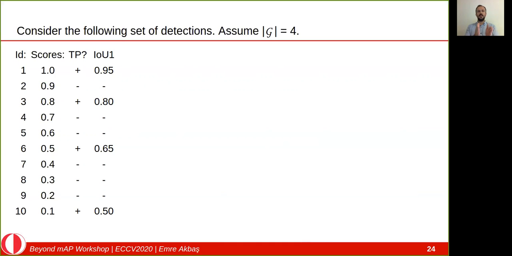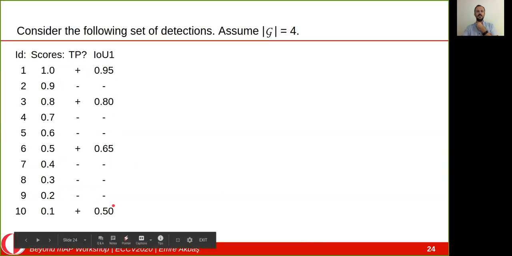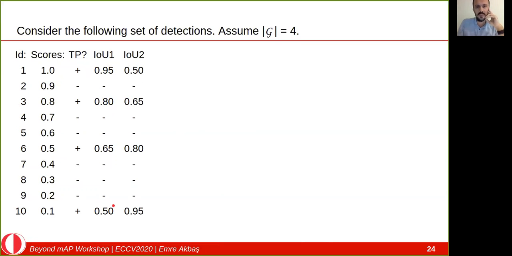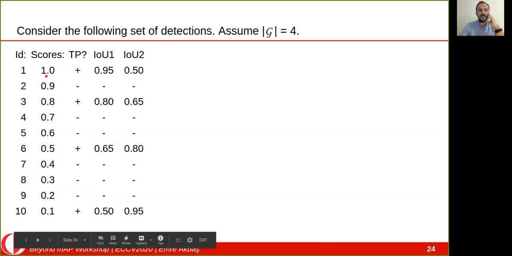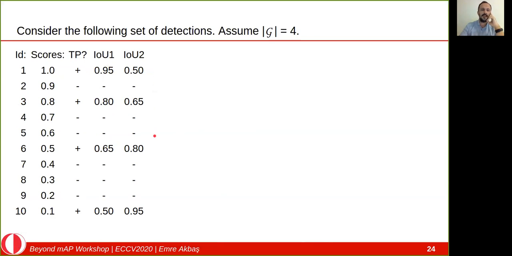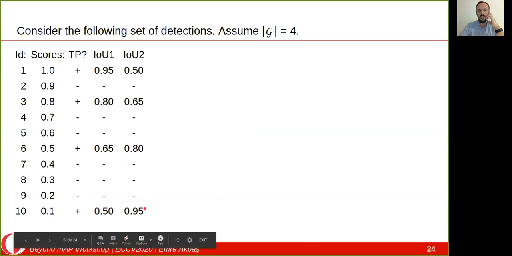If you notice, the detections with higher scores have higher intersection over union values, and the ones with lower scores have lower intersection over union values. You can have another situation where the reverse is true: the more confident detections have lower intersection over union scores, and the lower confidence ones have better localization.